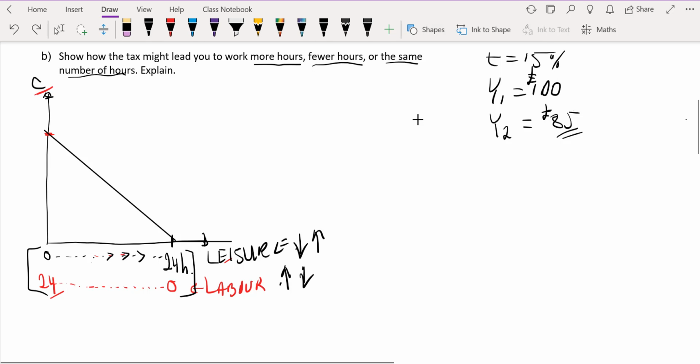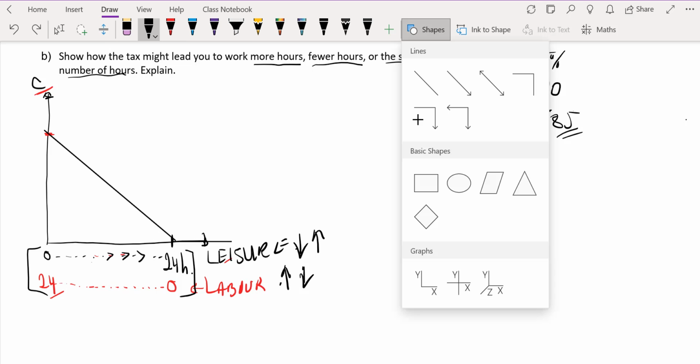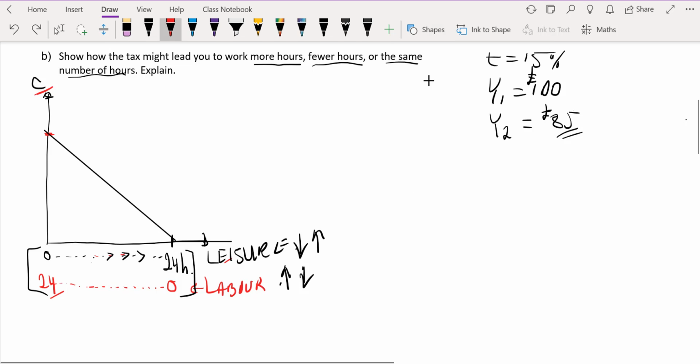Now let me draw another line connecting these two arbitrary points. Let's keep red, I just wanted to be consistent here. It will be difficult to draw using the shapes, so I decided to draw that way.